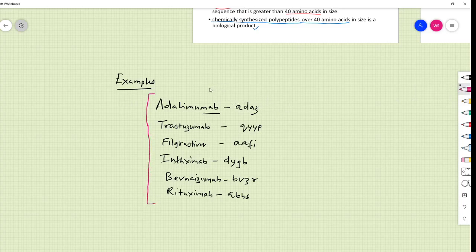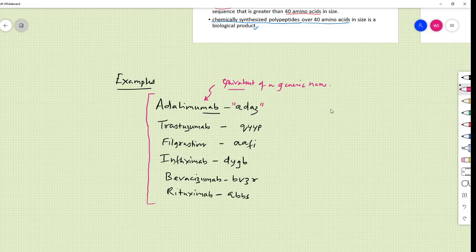Now, this is the equivalent of a generic name, and that equivalent generic name should have a suffix of four alphabets in small letters.